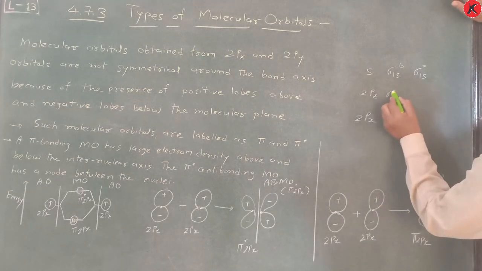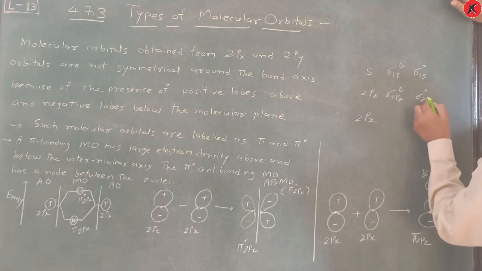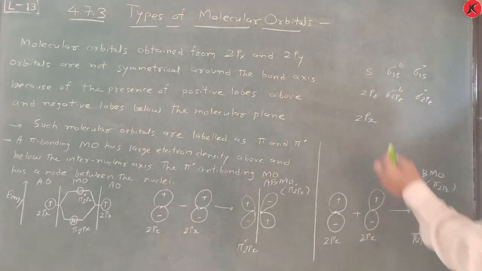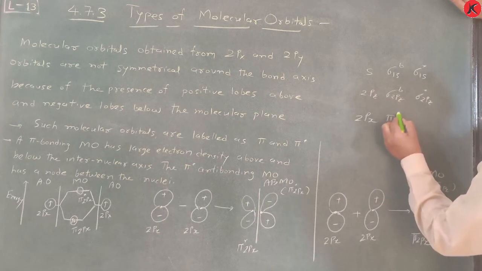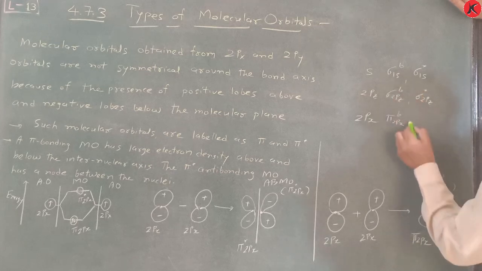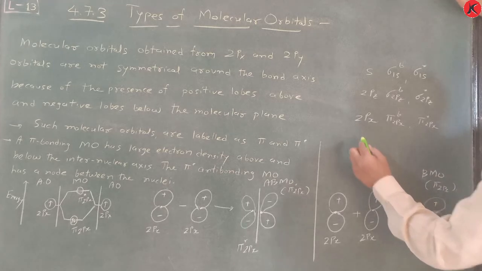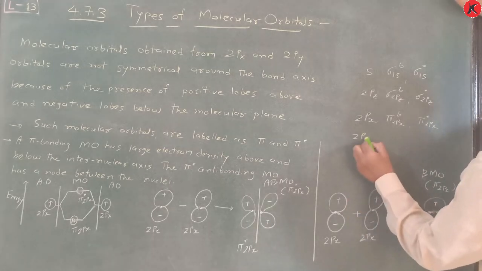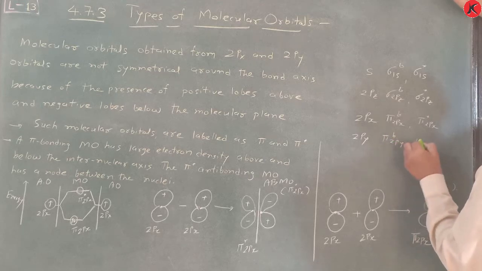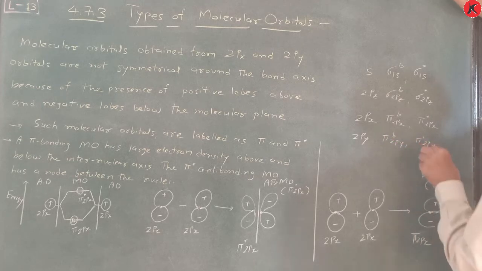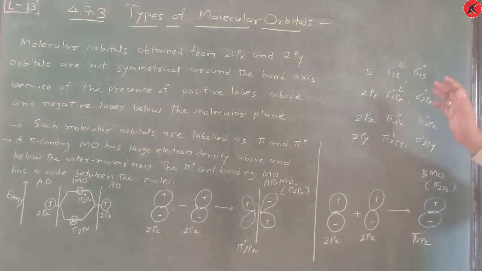In 2pz, sigma 2pz bonding and sigma star 2pz, anti-bonding. And the same way pi 2px bonding, and another is pi star 2px. In the same way 2py has the same energy, so we have pi bonding 2py and pi star 2py. So this topic is now complete.